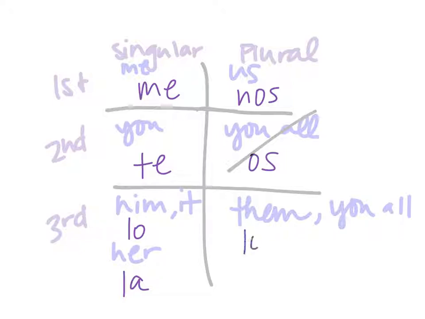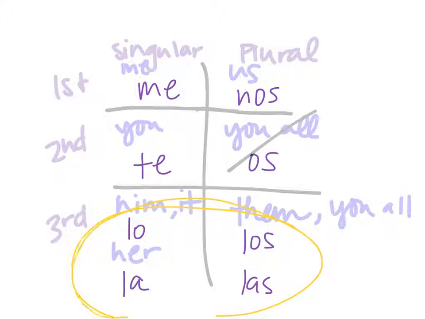And los for masculine and las for feminine. Now really, these down here are going to be the ones that we use the most, because most often we will be replacing words like it and them. But you do have to know all of these.